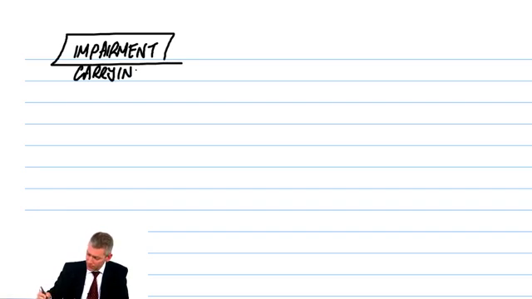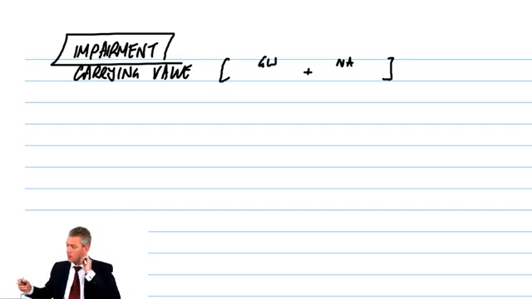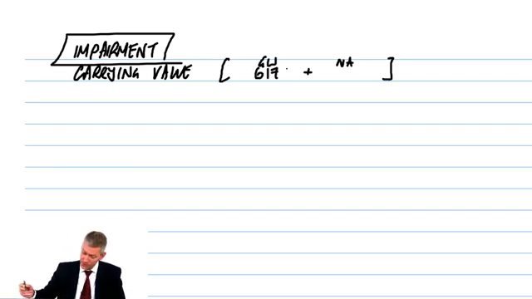Carrying value is people and things, otherwise known as goodwill and net assets. So goodwill was 617 throughout the year without adjustment.